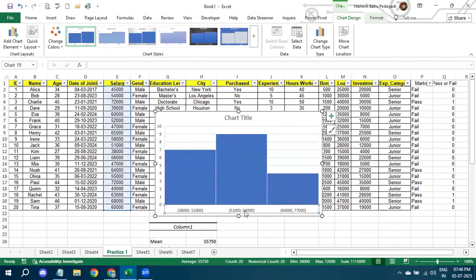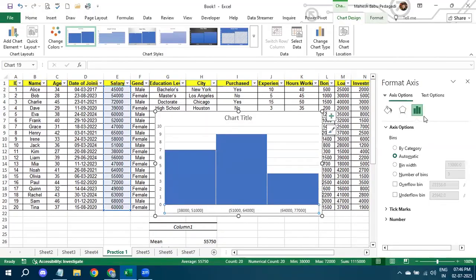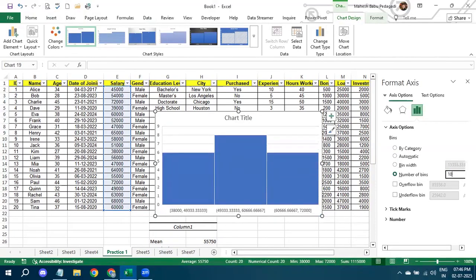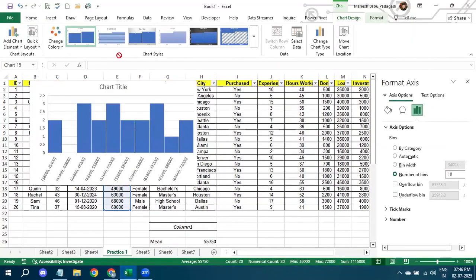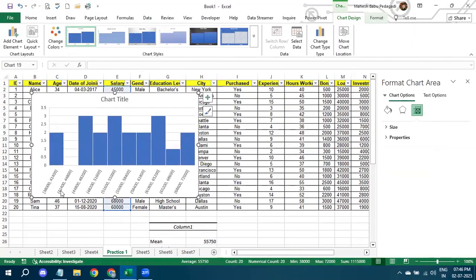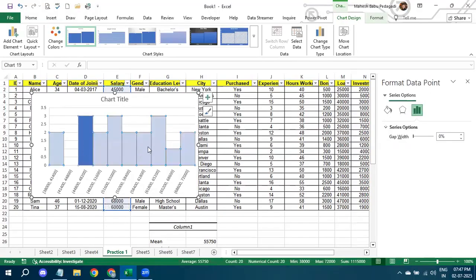When I double click on this, I will get the number of bins. I will say let's say 10. Now tell me, sir, why is there no salary between these two values? I see most of the people's salaries are in three ranges: 61,000 to 65,000, 44,000 to 48,000, and 51,000 to 55,000.